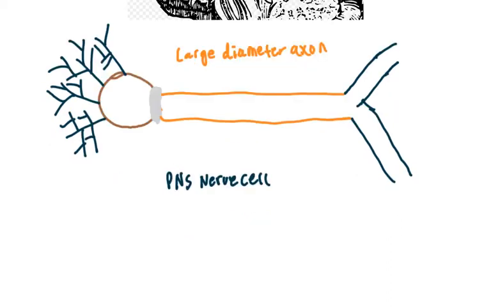All right, so now that we know that, there's a glial cell in our peripheral nervous system called the Schwann cell. And the Schwann cell is going to be responsible for producing myelin on large diameter axons. All right, so let's draw the myelin in. We're going to have myelin sheaths here, that the Schwann cell is going to be responsible for producing.